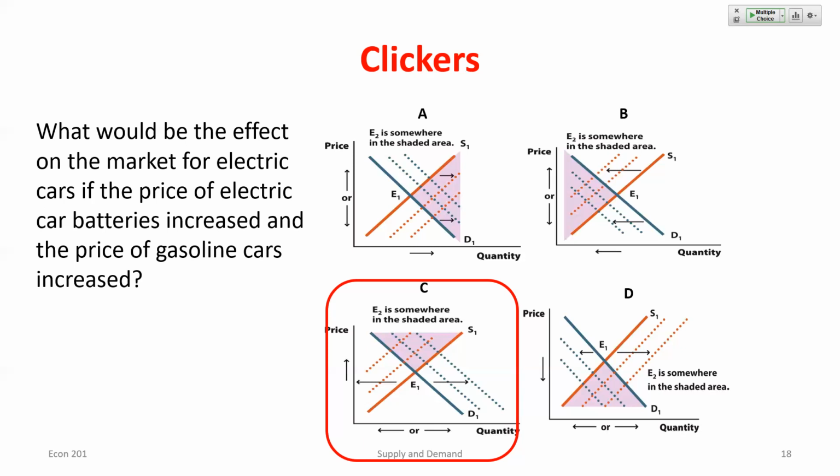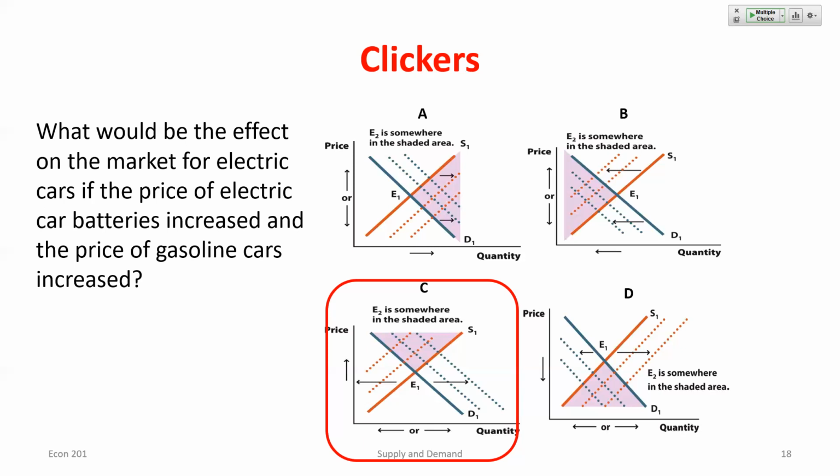So as demand pushes this up, supply is going this way. My new equilibrium is going to be somewhere up above here, because the demand is shifting here and supply is shifting here. So it's going to have to be somewhere in that range. I know it'll be above the demand curve, and visually it looks like it's above, but if I look below the supply curve, it's decreased.